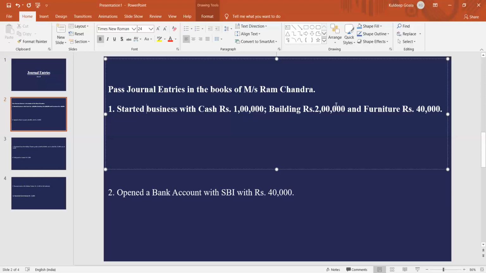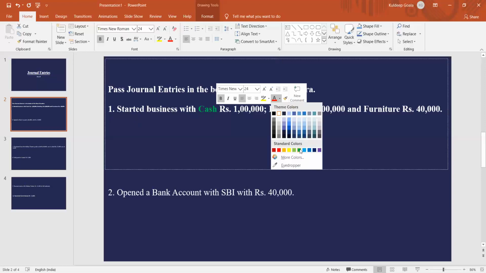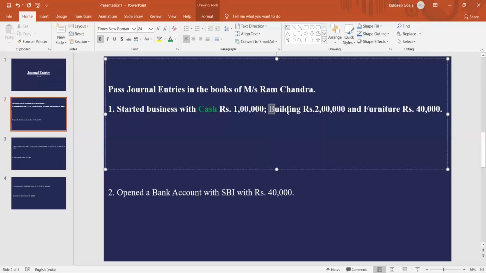So let's find what are the items here. Transaction is clear. Let's find out the items. We can see that he started business with cash. So the first thing we got is cash, right? Then we have got building, the second item, and the third item we have got is furniture, right?